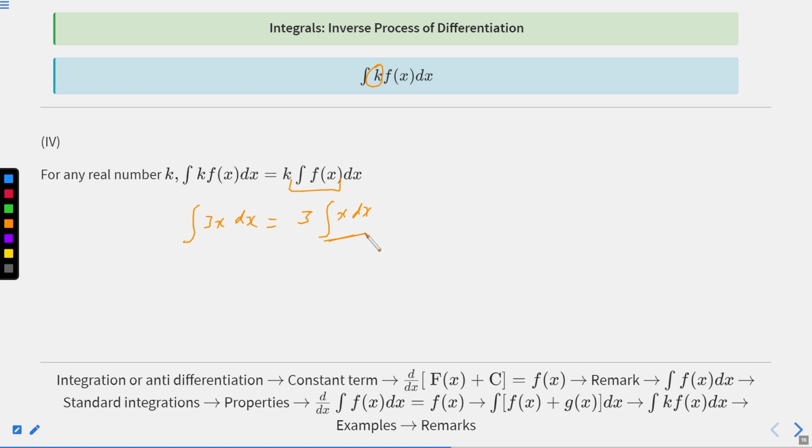Now you know easily what differentiation it is. So this will be x square by 2, just this. So you get 3x square by 2. Okay, I hope that you are getting the idea of what these results are trying to say. Let us move next.